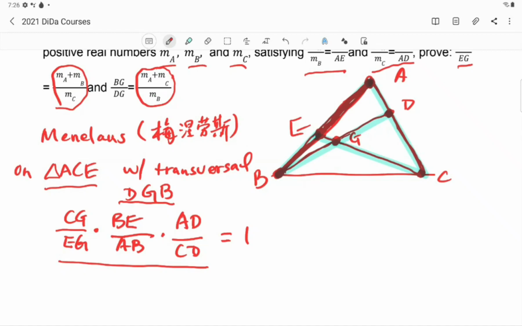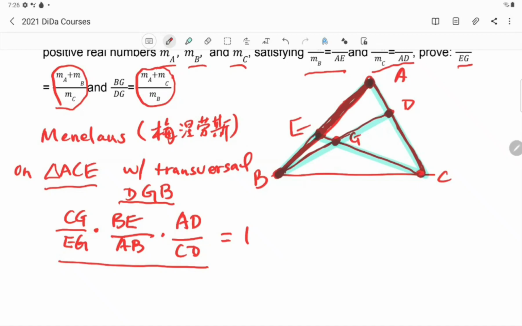You walk around the triangle in a fixed direction. You don't walk backwards. If you walk forward, you walk only forward; if you walk backward, you walk only backward. Either counterclockwise or clockwise, but you don't want to change direction in the middle.